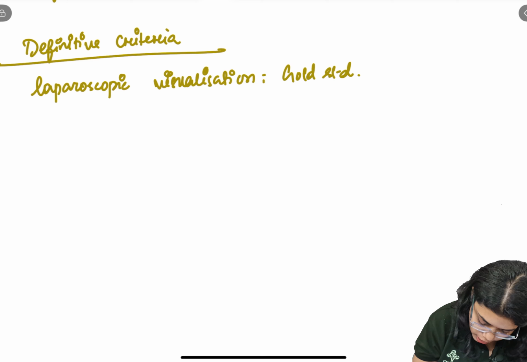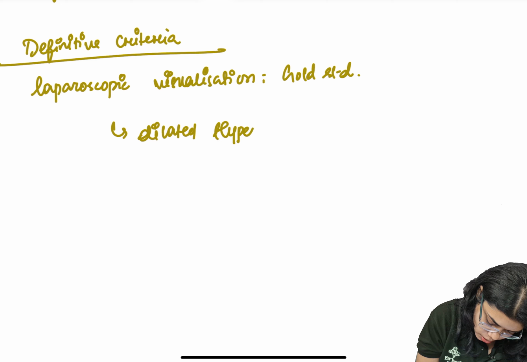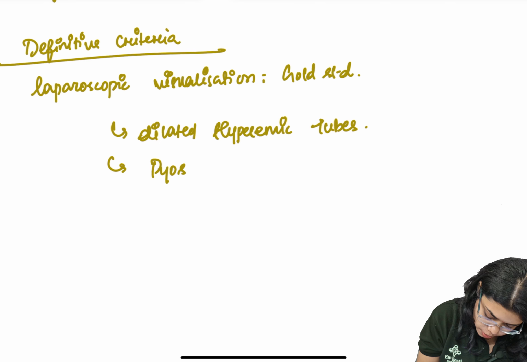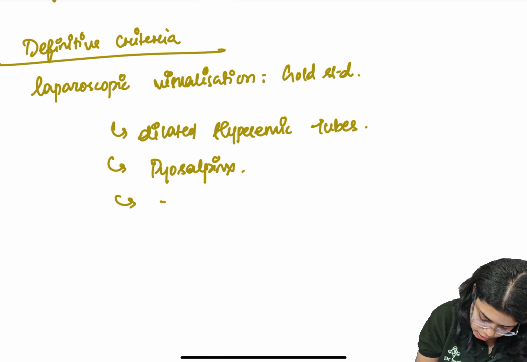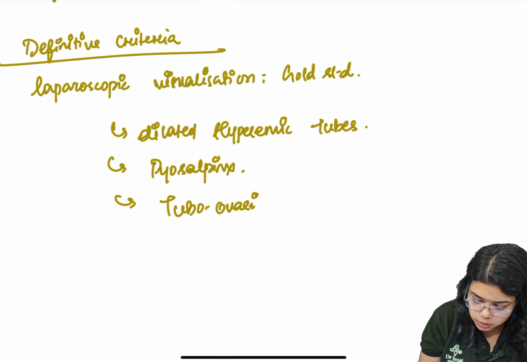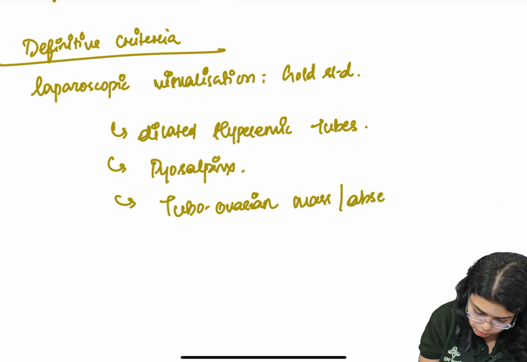We see dilated, hyperemic fallopian tubes due to inflammation, and if there is pus, that is pyosalpinx, and if there is a tubo-ovarian mass or abscess, that is the definitive criteria.